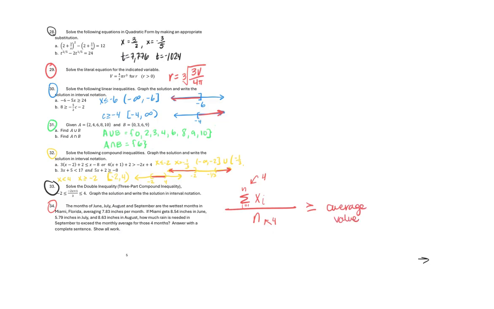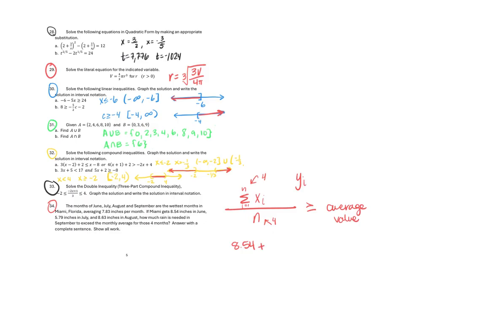So in this case, we're given 4 months. Let's look at those 4 months. We have the first month, which is 8.54. That's how many inches. Instead of x, you can look at this as y of i, but either way, it has the same premise.